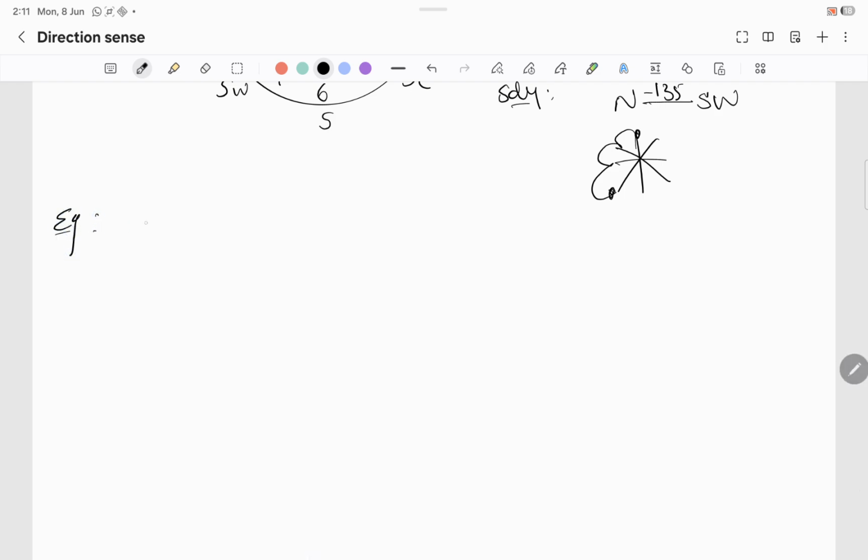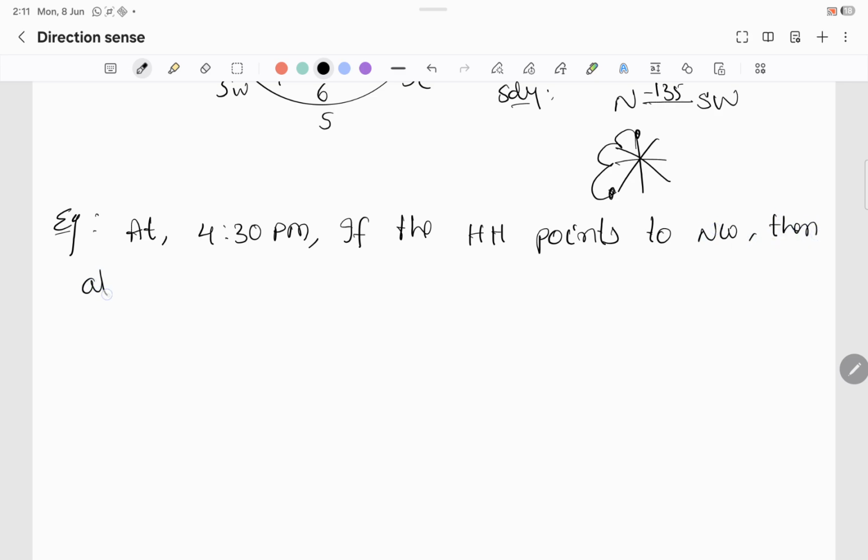Example. At 4:30 PM, PM or AM doesn't matter, if the hour hand points to northwest, then at 5 p.m. the minute hand points to what?